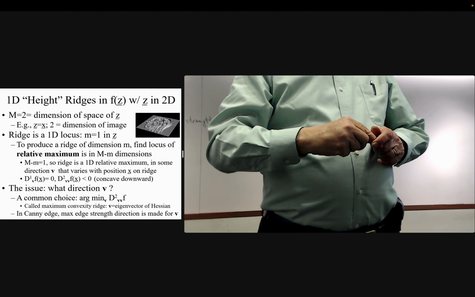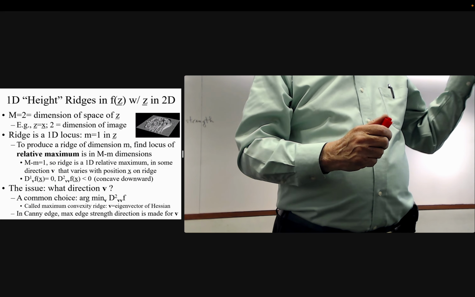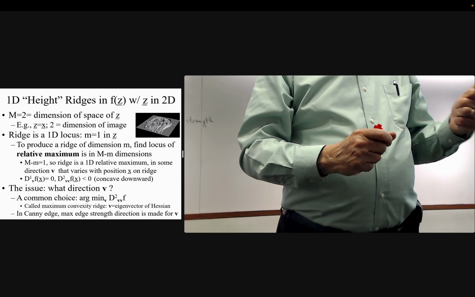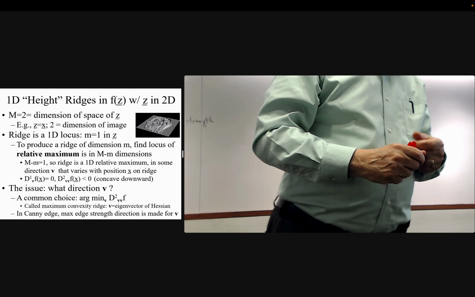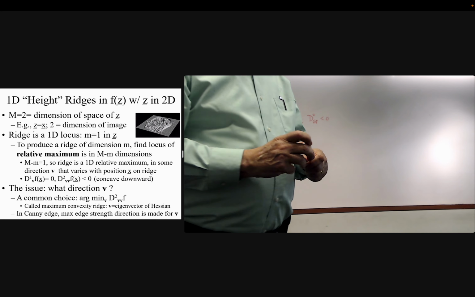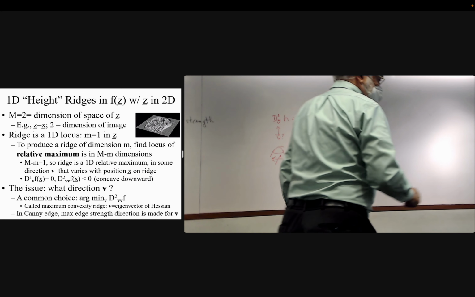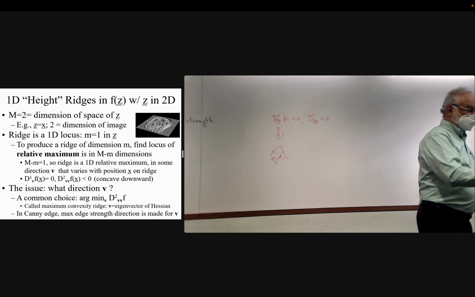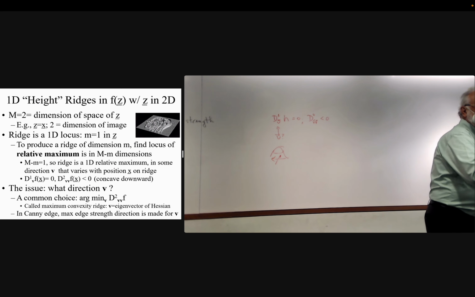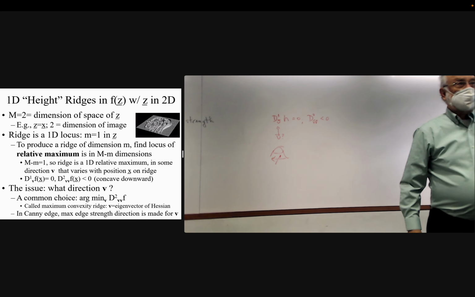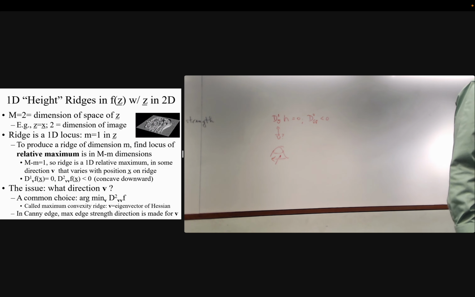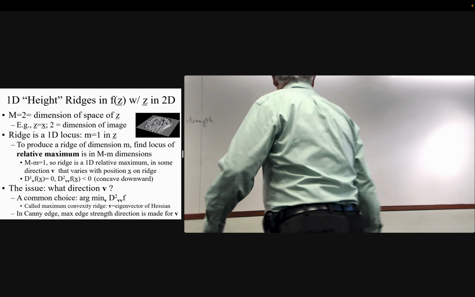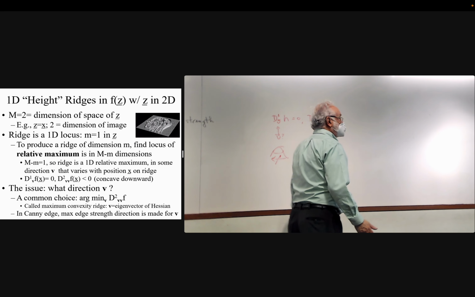So we need the first derivative in direction V equal to 0, and at that place, that's a ridge, the function has to be convex downward, which means the second derivative, twice in that direction, is negative. Okay?